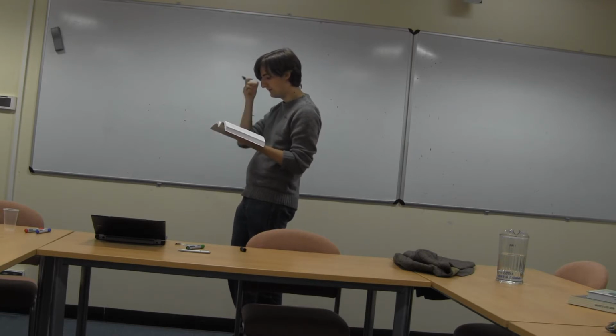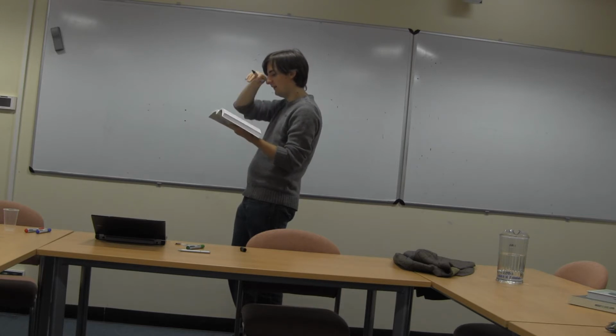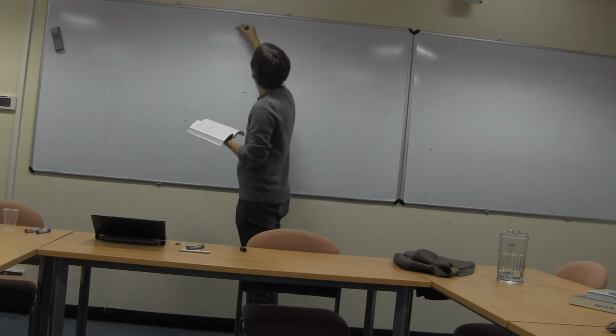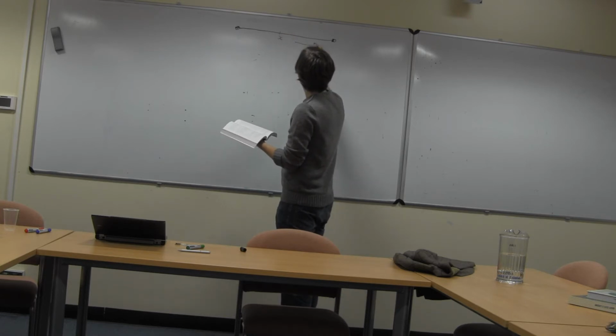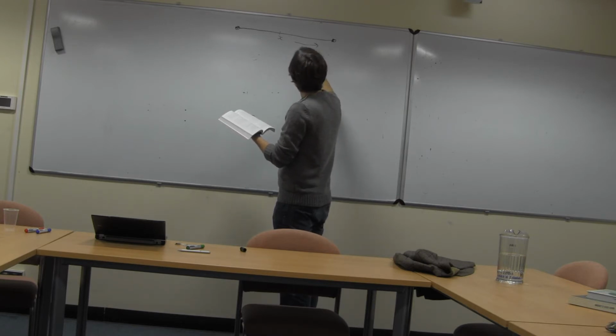So for fast food restaurants at the end of a road of length 1, but the wind blows from right to left. Hence, the transportation cost for a consumer who travels to the right is R dollars per unit of distance, and only $1 per unit of distance for a consumer who travels to the left. Okay, so that's an interesting variant, isn't it? So if you go this way, you pay R per unit.